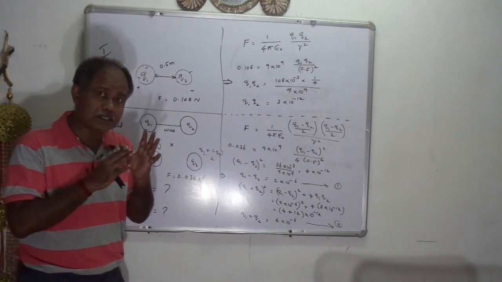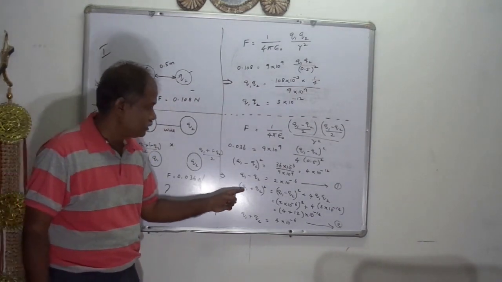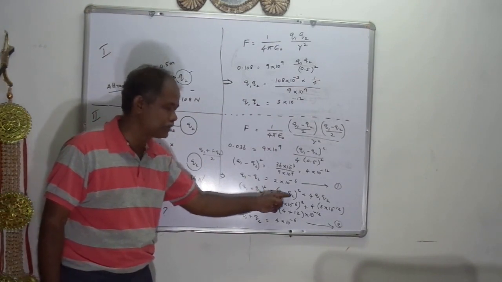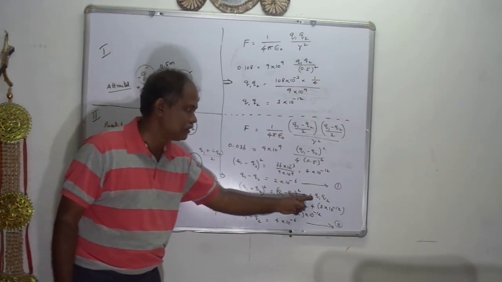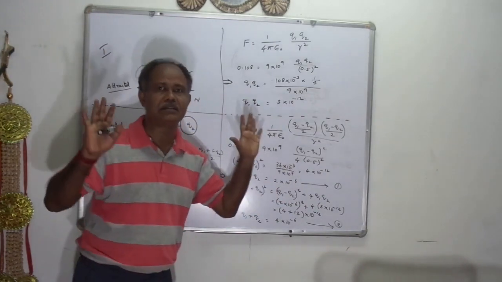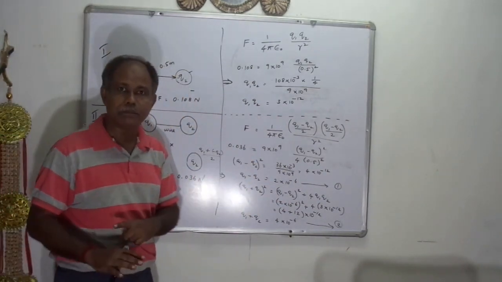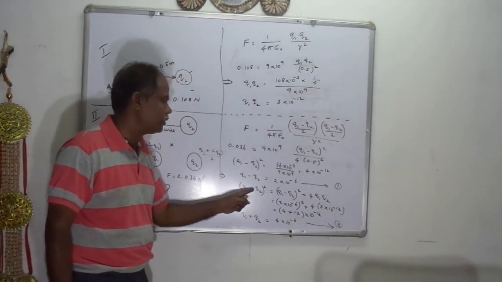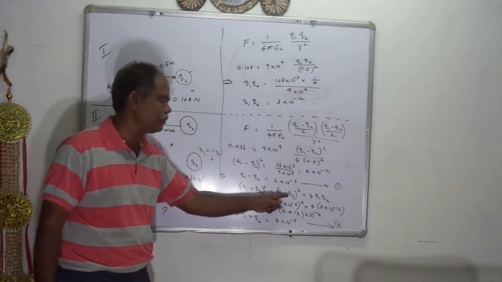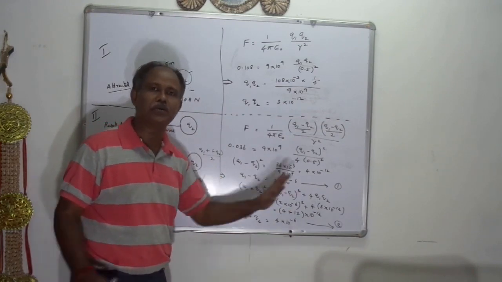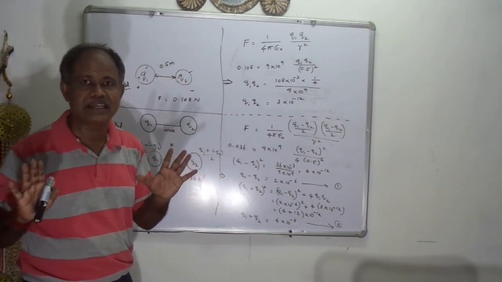There is a mathematical step you know already. A plus B whole square is equal to A minus B whole square plus 4AB is the formula. Instead of A, Q1, and instead of B, Q2. That is Q1 plus Q2 whole square is equal to Q1 minus Q2 whole square plus 4 Q1 Q2, a well-known standard formula.